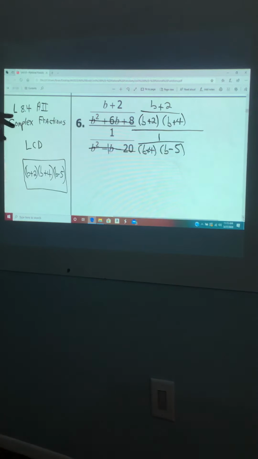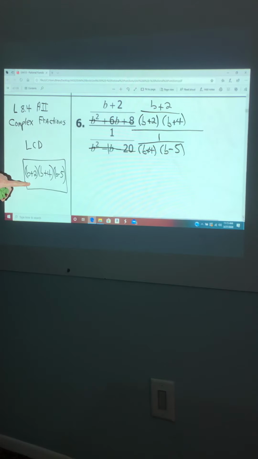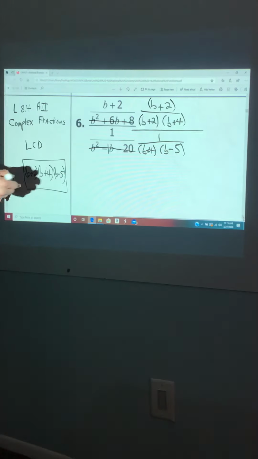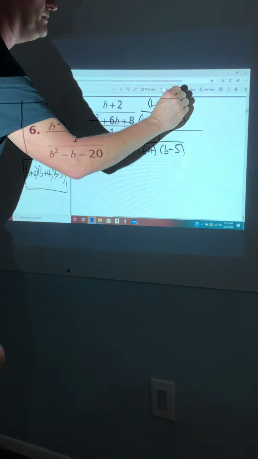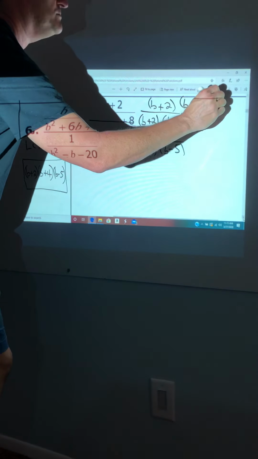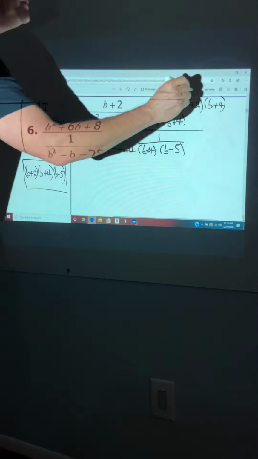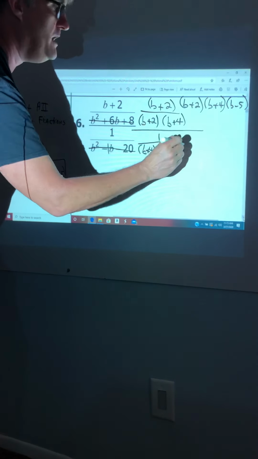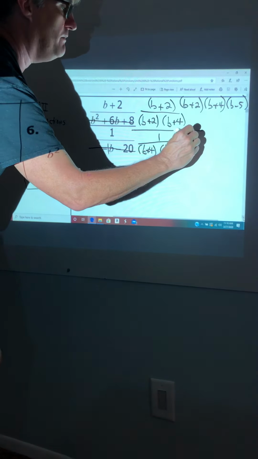Okay, now we're just going to multiply the top and the bottom by all of this. Let's put parentheses around here. So this is your LCD. So I'm going to write in all of these babies. And trust me, there's major good news coming. Watch this. If you multiply the top by that, you've got to multiply the bottom fraction by all that.